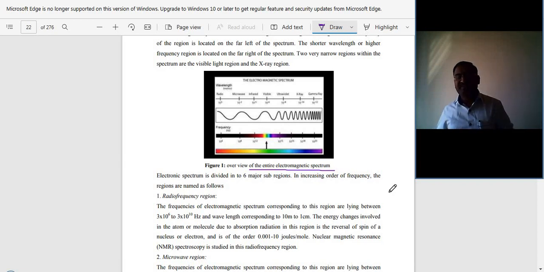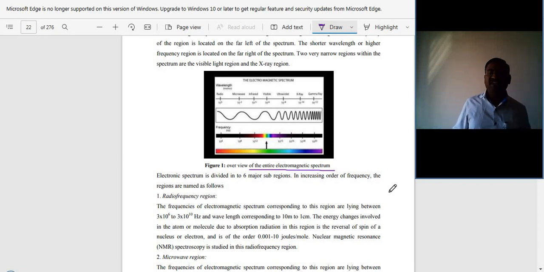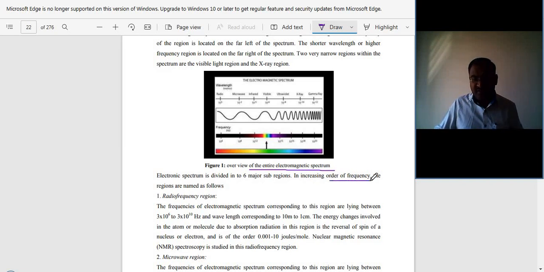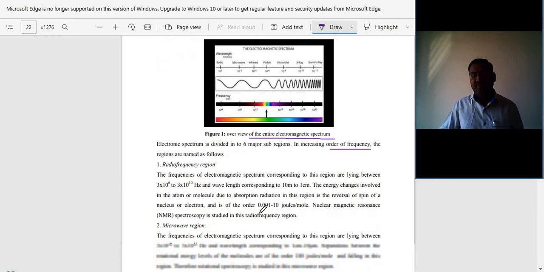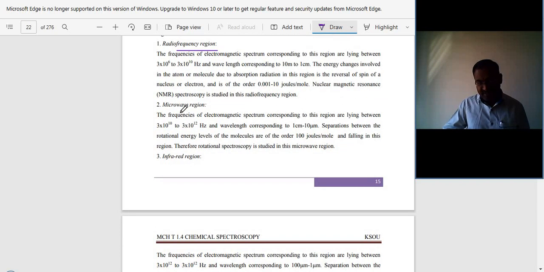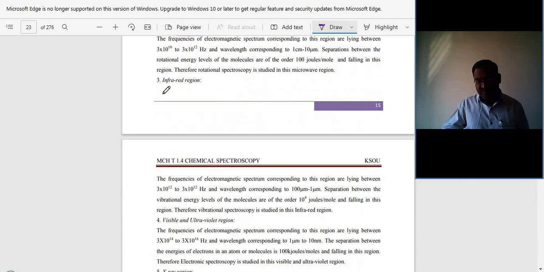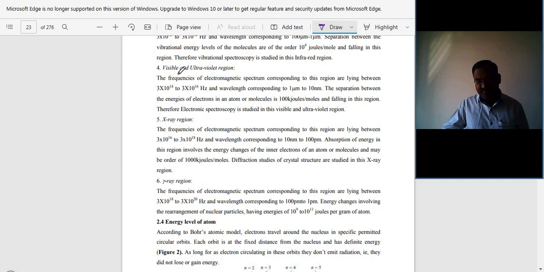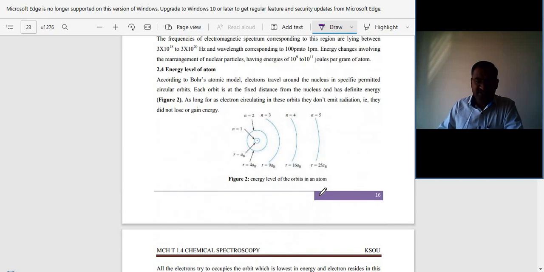It is divided into 6 major sub-regions in increasing order of frequency: radio frequency region, microwave region, infrared region, visible and ultraviolet region, X-ray region, and gamma ray region.